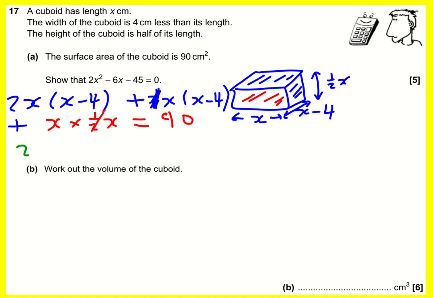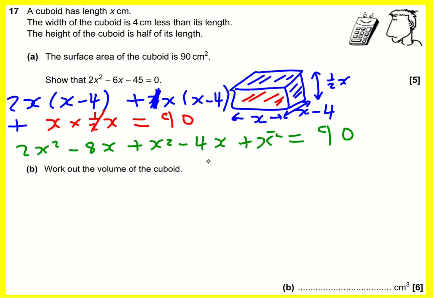I'm going to get 2x squared minus 8x plus x squared minus 4x plus x squared equals 90. These, hold on, no, they're not going to cancel.